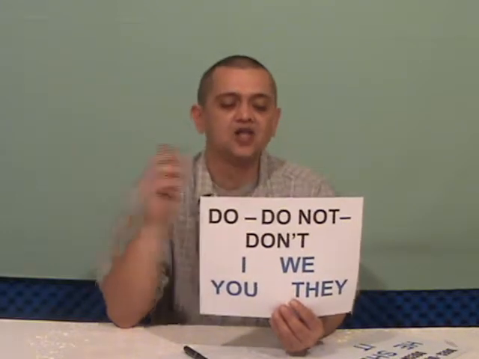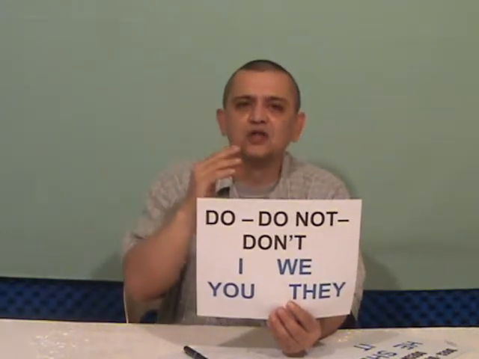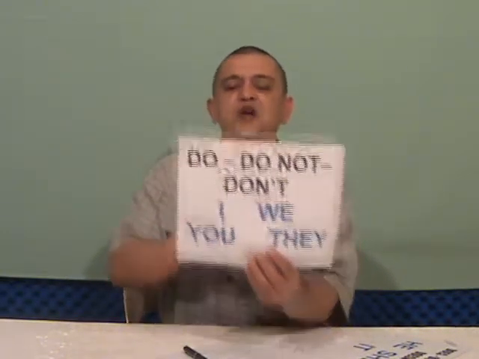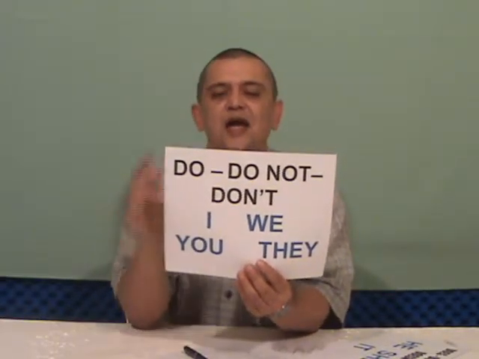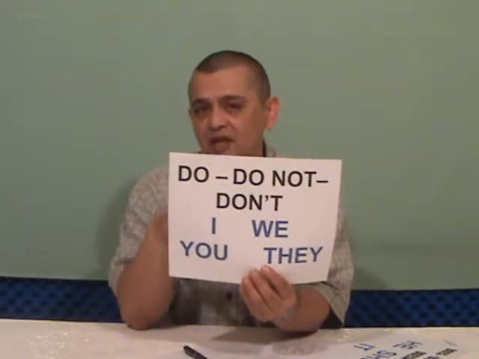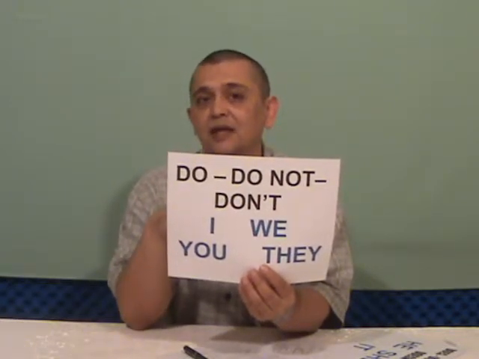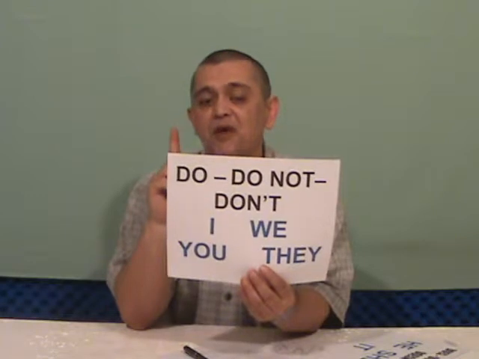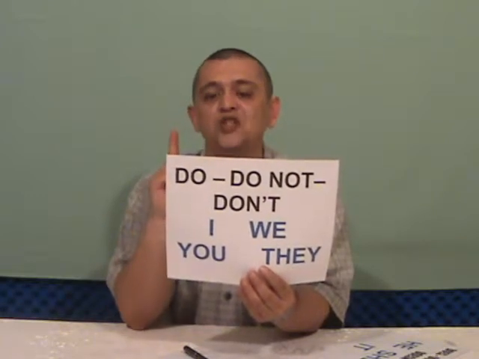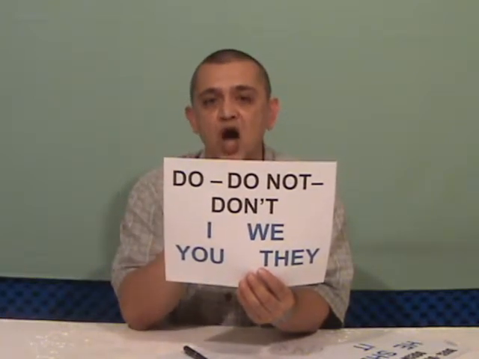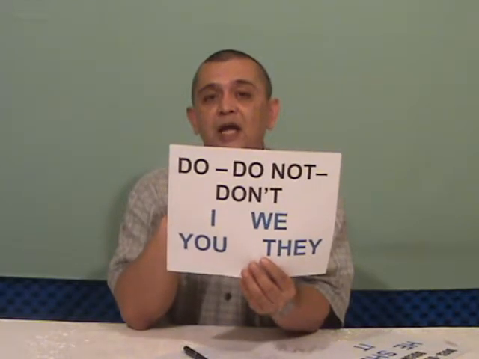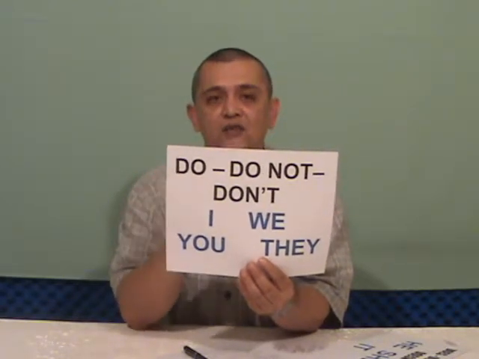Really? See? So, do, don't, or do not will always be used with I, we, you, and they in terms of pronouns. Now, normally people make mistakes here. Okay? But please remember not to make a mistake. Always use do not, or don't with the pronouns I, we, you, and they.